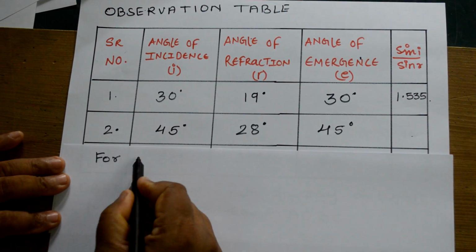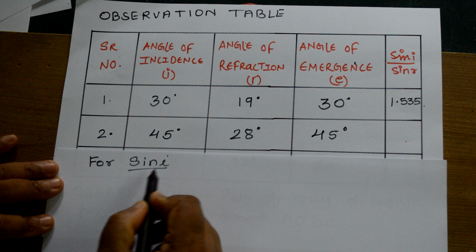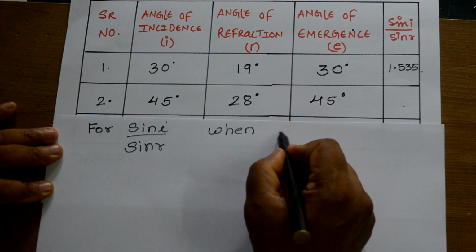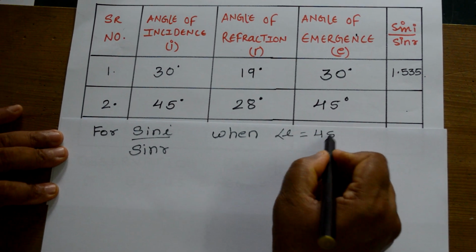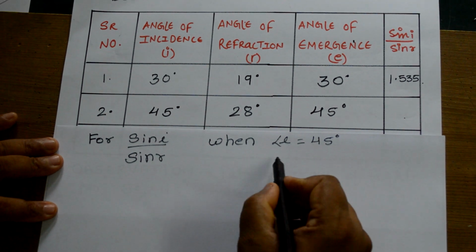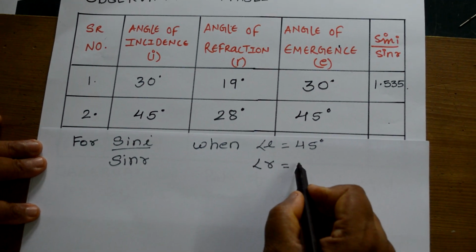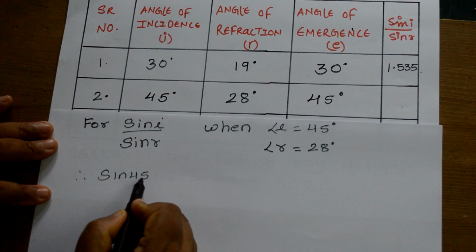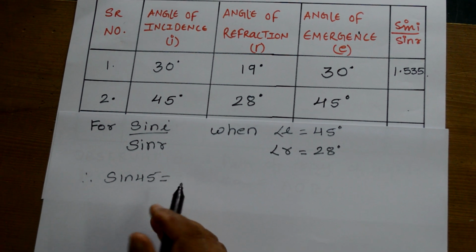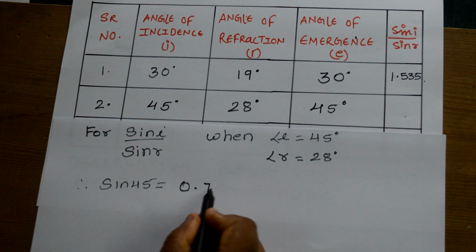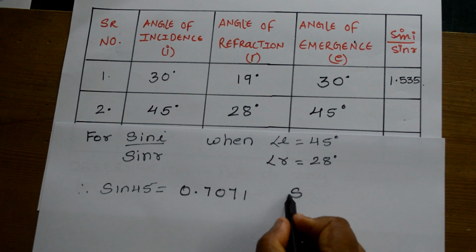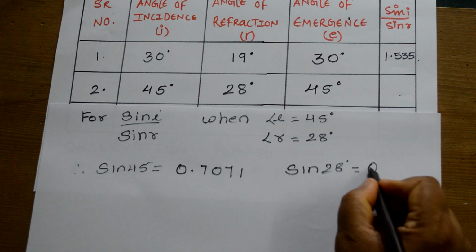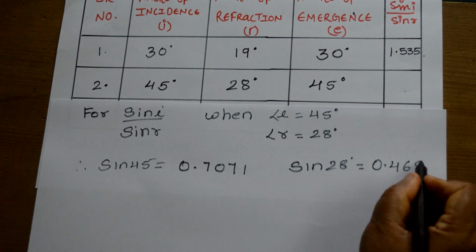For sin I upon sin R, when I angle is equal to 45 degrees and R is 28 degrees, sin 45 value is 0.7071 and sin 28 degree value is 0.4695.